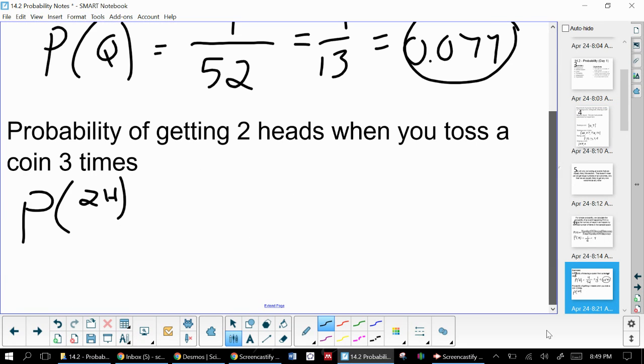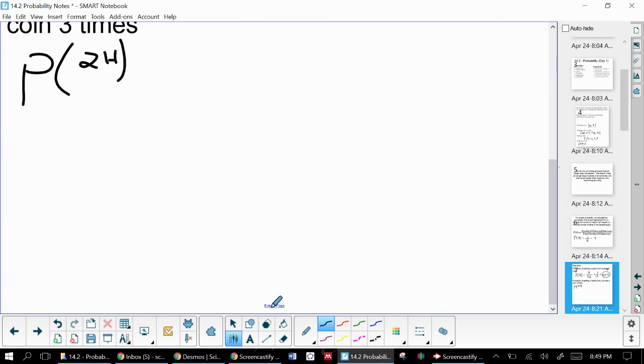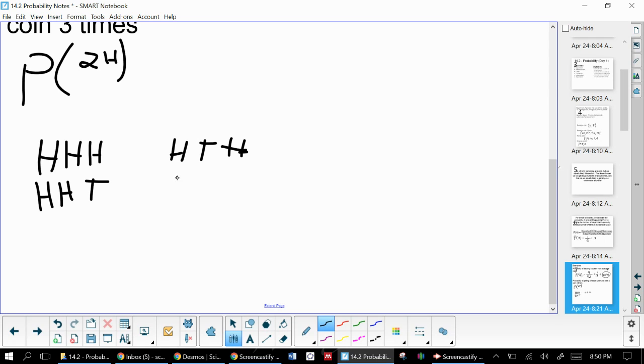And this is a case where listing them out, even though it seems annoying, can be really helpful. So our possibilities could be something like all heads. We could have heads, heads, tails. Then heads, tails, heads. Then heads, tails, tails.